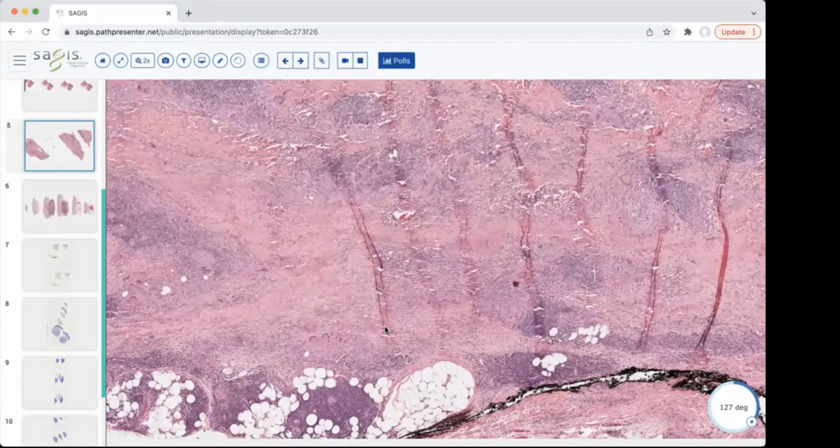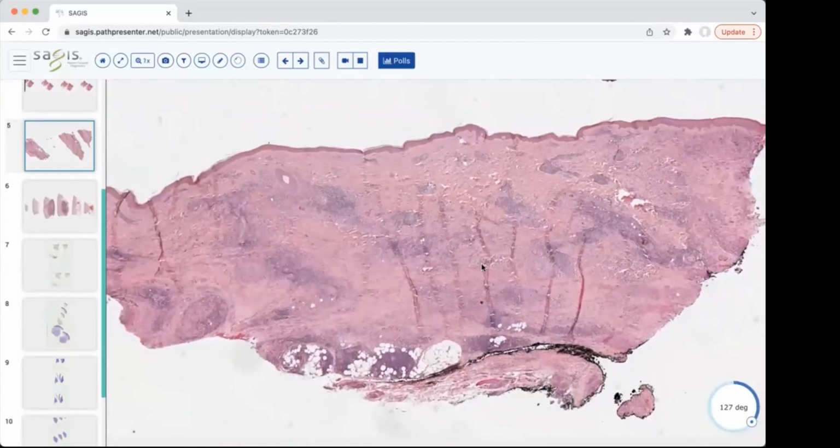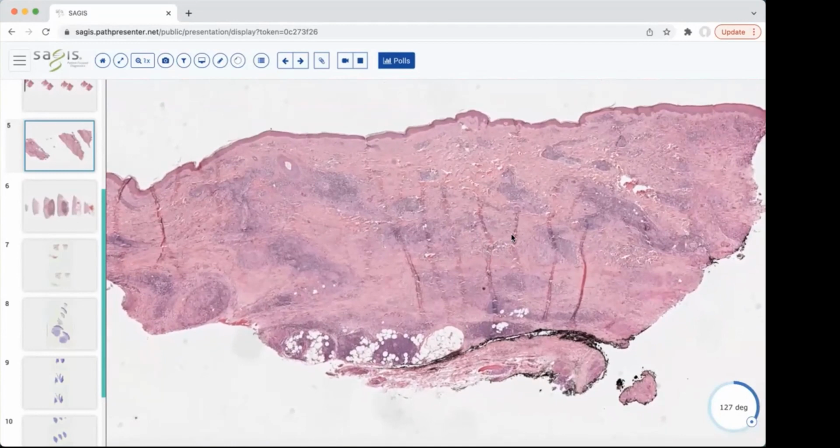It's very deep inflammation, and you see the lymphoid nodules. And so this is necrobiotic xanthogranuloma. As we said, it can be associated with paraproteinemias, so that's something the clinician will need to work up for these patients. But this is a nice example of NXG, necrobiotic xanthogranuloma.